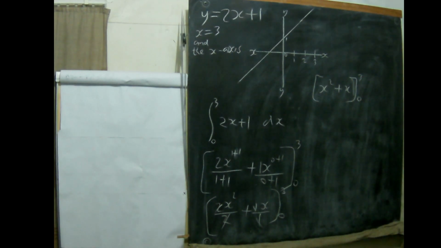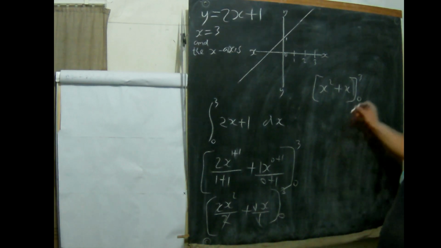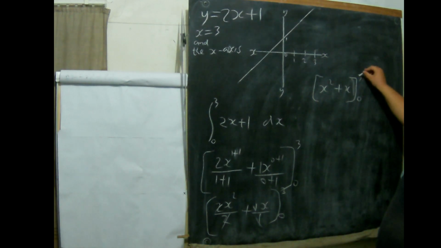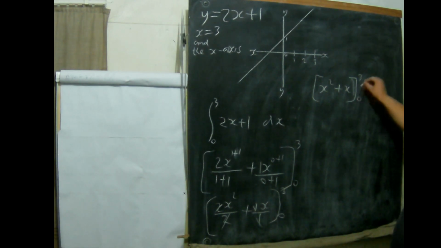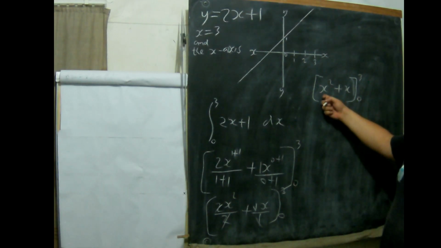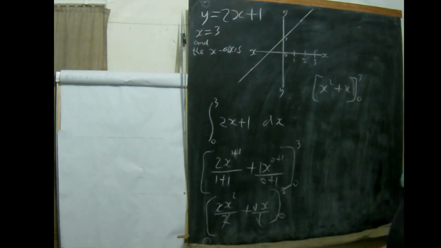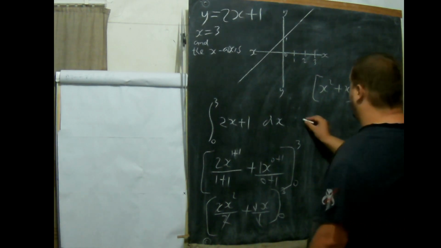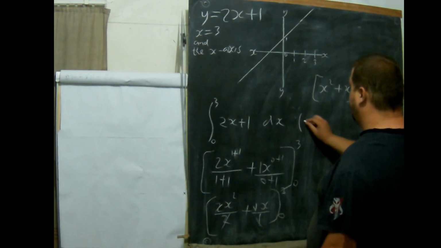Now, as I've explained before, you take your highest value limit minus your lower limit. So your upper limit minus your lower limit. And it's the whole formula that takes it, not just one.